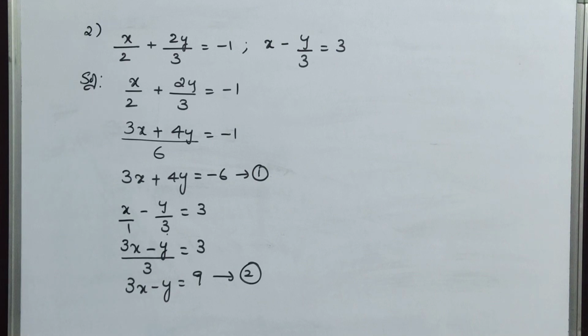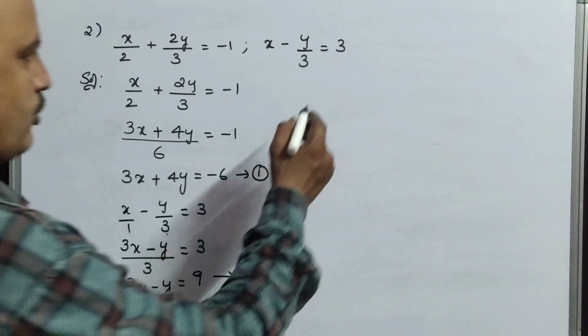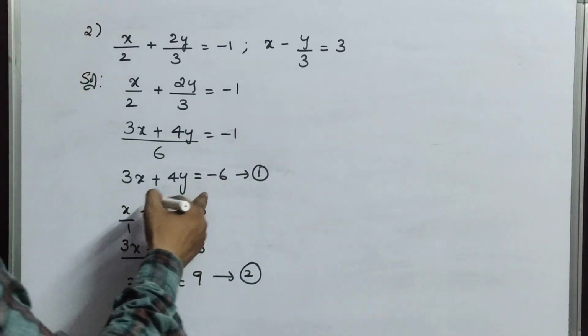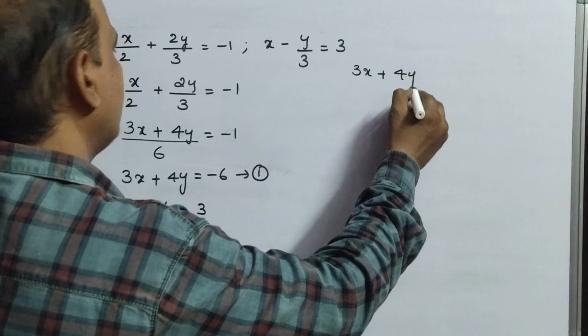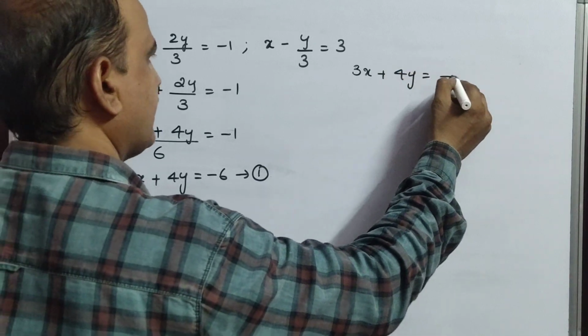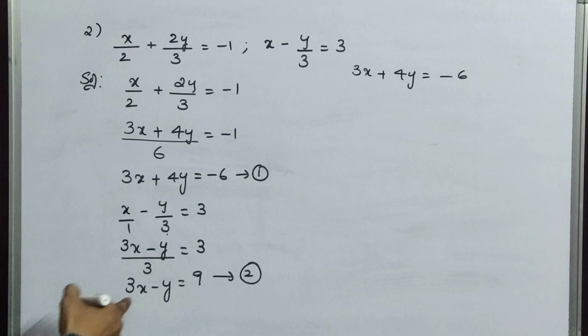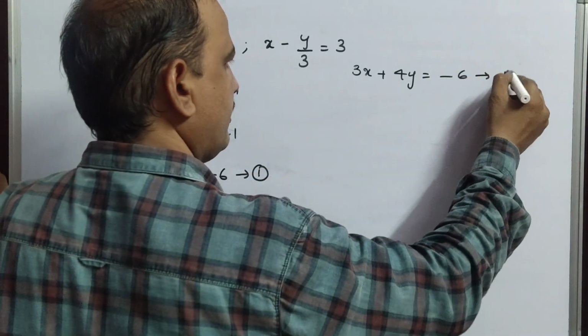So you now have equation 1 and equation 2. What is equation 1 here? 3x plus 4y equals minus 6. And this is the first equation.